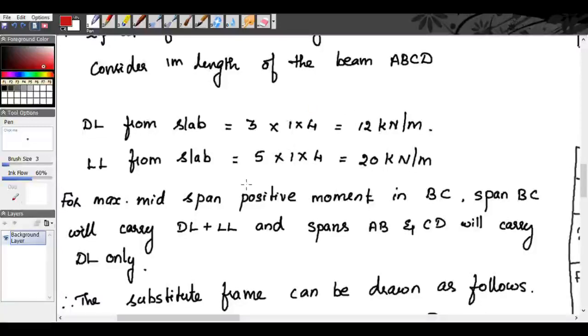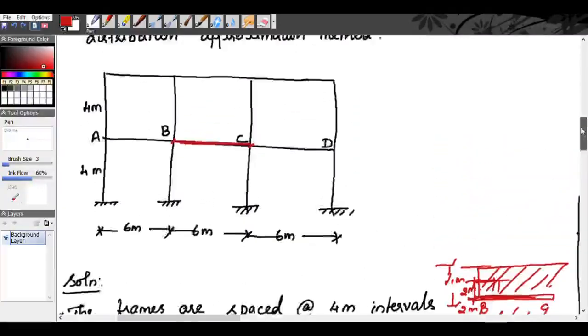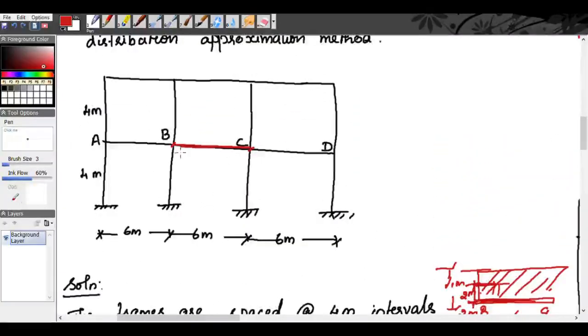Okay, now for maximum midspan positive moment in BC, we know the span BC has to carry dead load plus live load, while the spans AB and CD will carry dead load only. We need to analyze BC, therefore BC should carry the live load also.